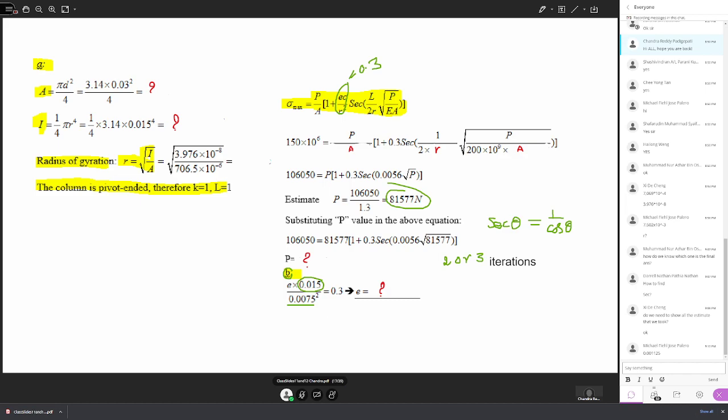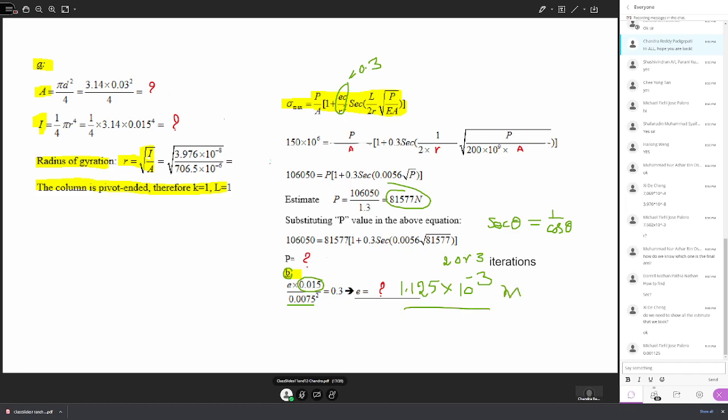So I think your final answer will be 1.125 into 10 power minus 3 meters. I think you're putting one extra zero.